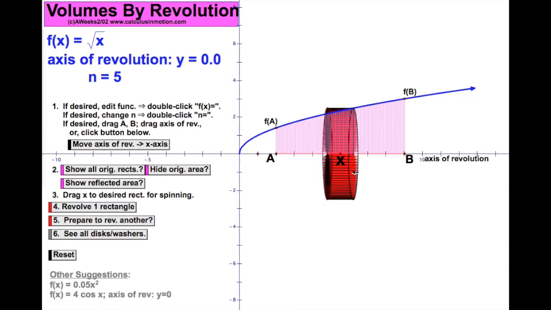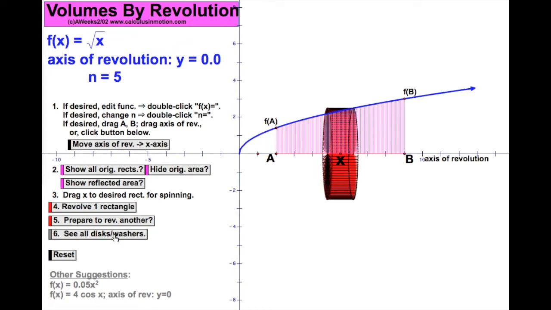The volume of that cylinder is pi r squared times h, and in this case h is this. So what is r? R is actually f of x. The radius of the cylinder is defined by the height of the function at that given point.